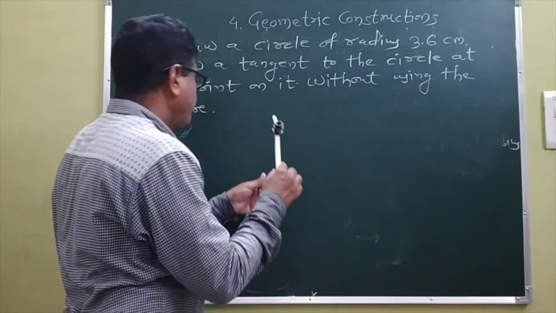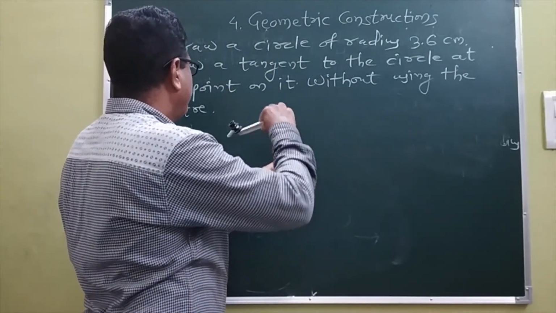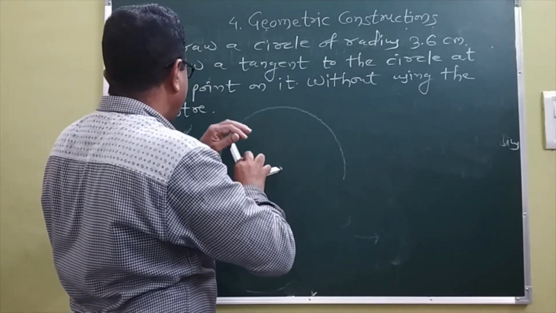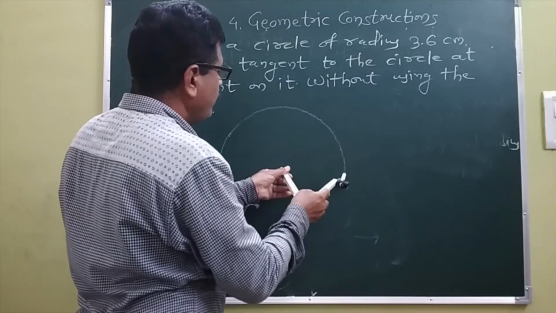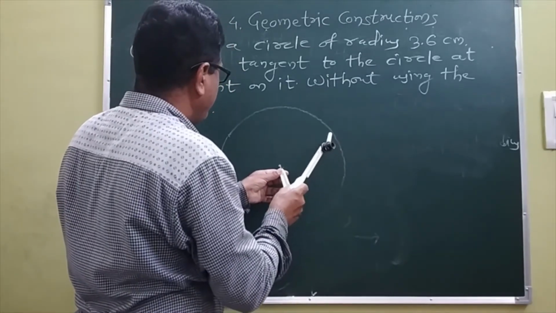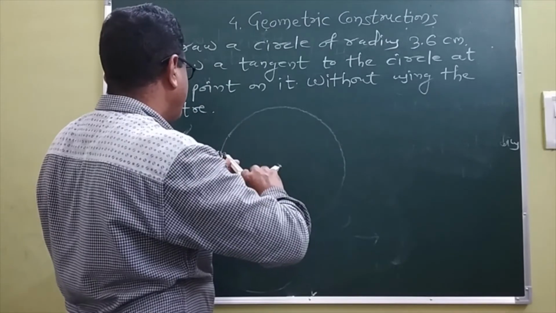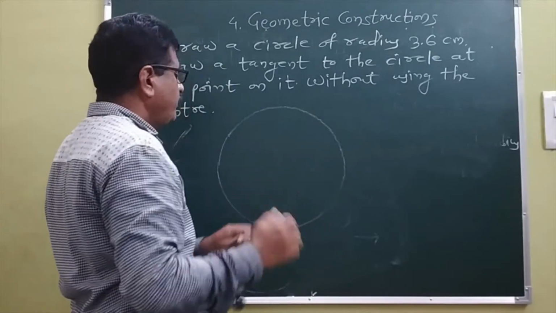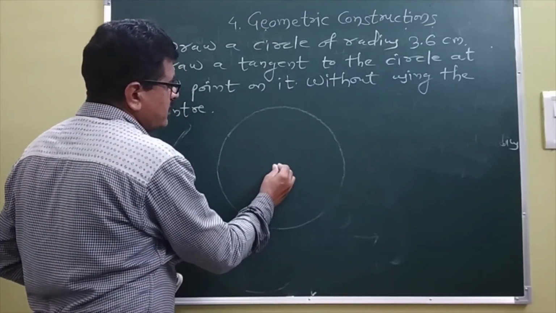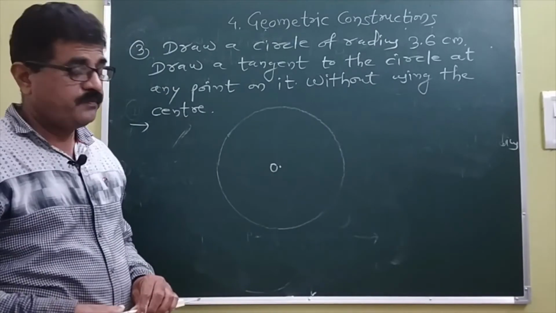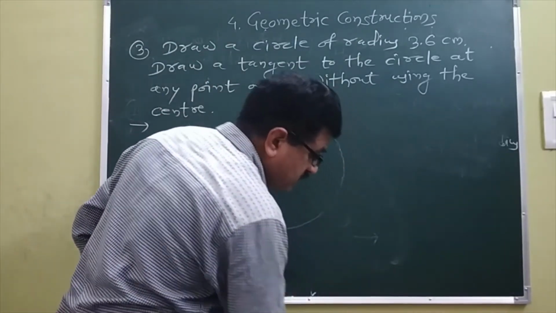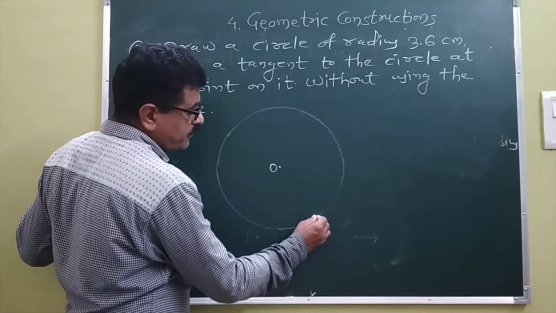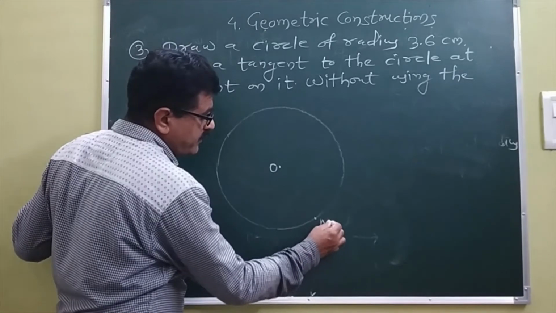Draw a circle. Suppose O is the center of the circle. Take any point, suppose point M is here.